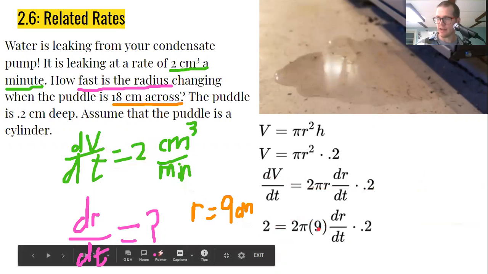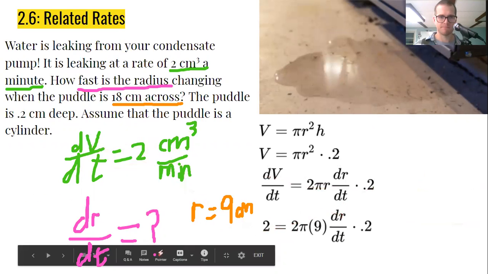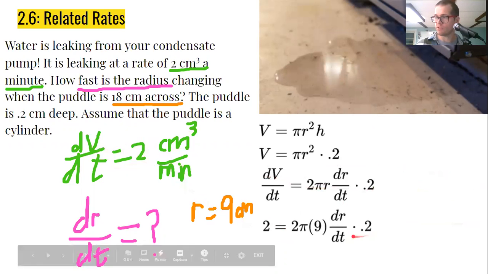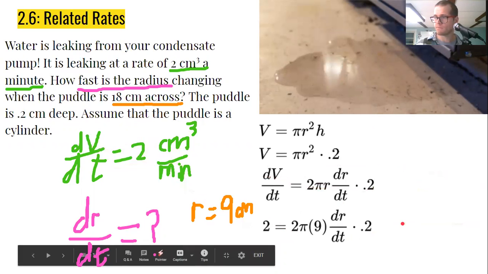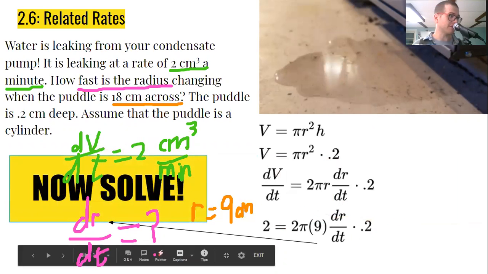The radius is 9. Now we just have to solve for dr/dt. That's just algebra from there. And so dr/dt will be in centimeters a minute once you solve that. I'm not going to finish solving it because I believe in your ability to handle solving for dr/dt there.